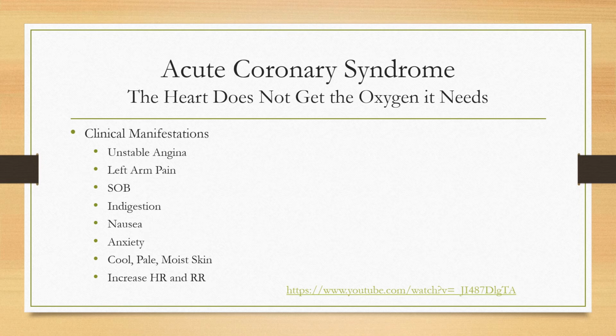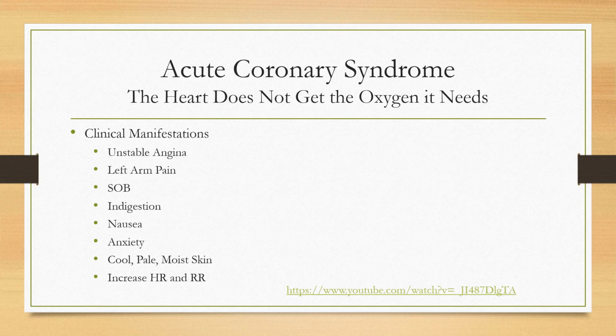There's no way. We need to do tests, right? We need to do an ECG, and we need to do serum troponins. So any of the three in acute coronary syndrome can lead to chest pain or chest pressure, left arm pain, left jaw pain, shortness of breath, indigestion, and then it's up to us to distinguish.